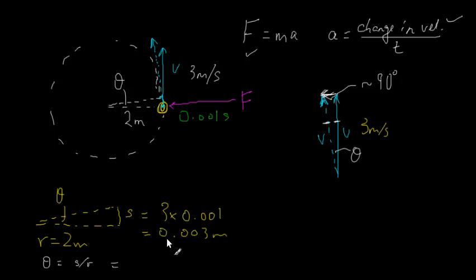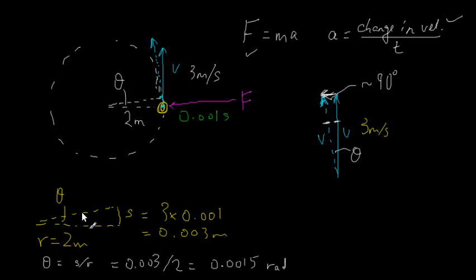Now s is 0.003, and the radius is 2. So this gives 0.0015, actually radian.